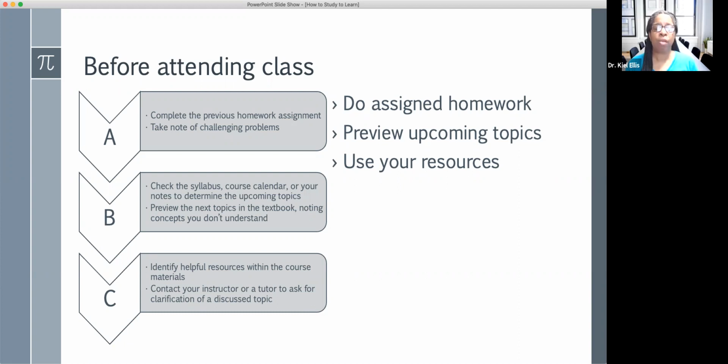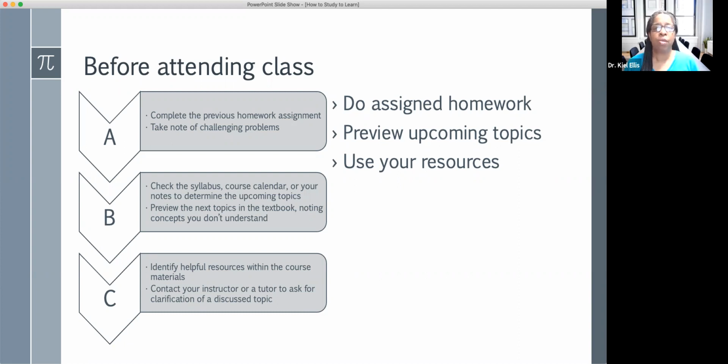You can read the topics, or if you can't read the whole section, you can read parts of it, or at least read the headings, the highlighted areas, the bolded areas, so that you can have an idea of what's going to be discussed the next time you meet. If you are able to read the whole section, that's much better. But if not, at least read the italicized or bolded section headers.